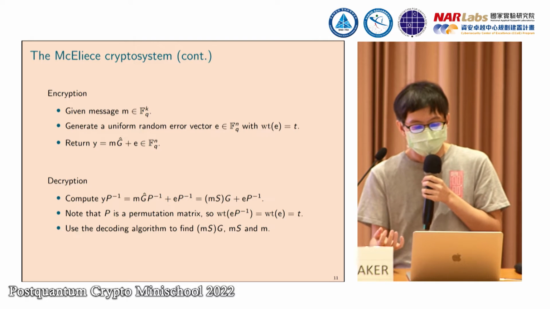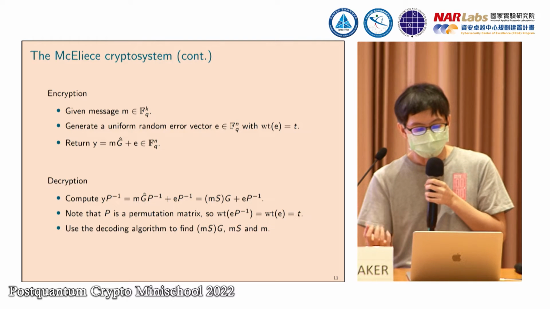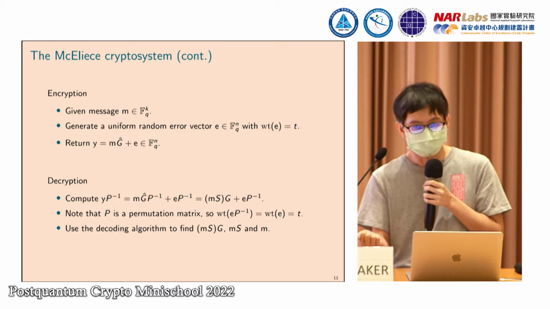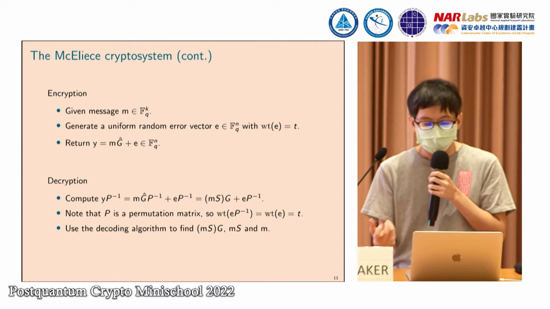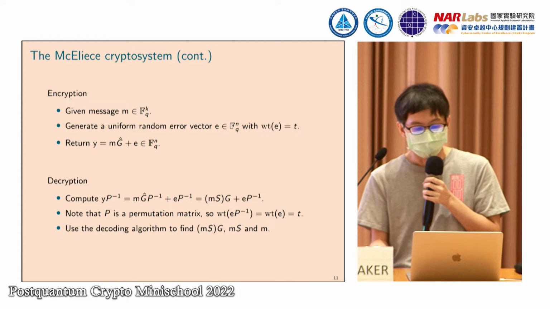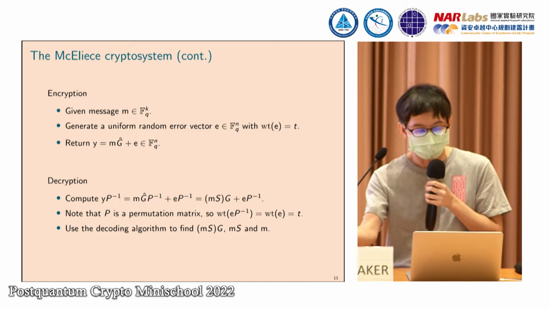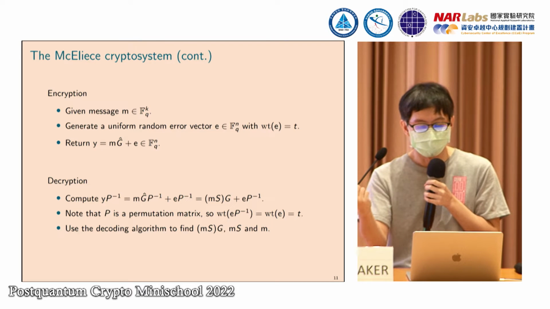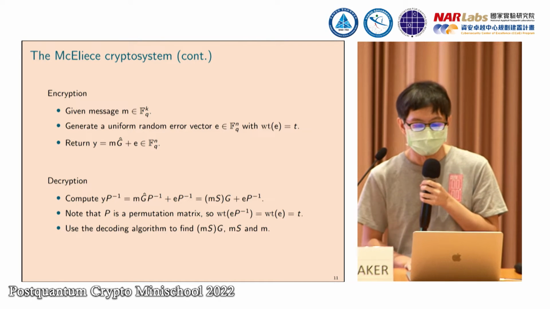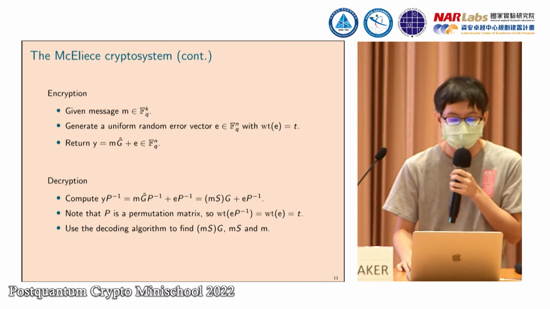And then you just compute y equal to m G hat plus e. This is going to be your ciphertext for the message. So this y is going to be transmitted to the receiver. So you have y being public and you have G hat being public. This is just the same as the setting of regular decoding.